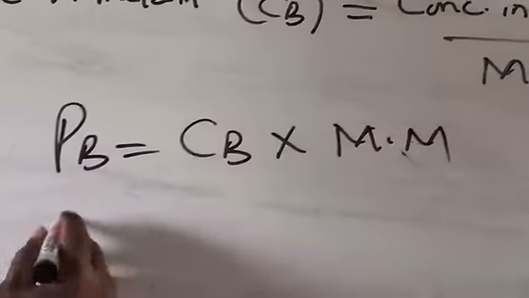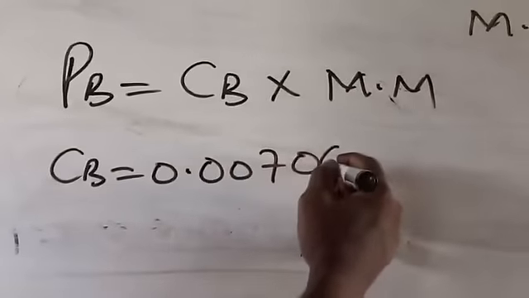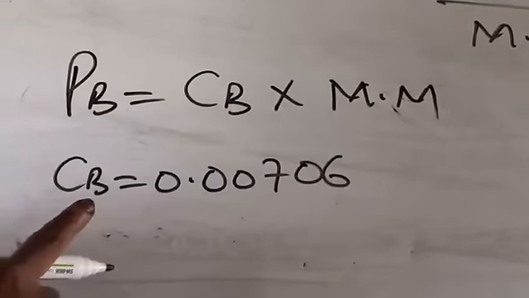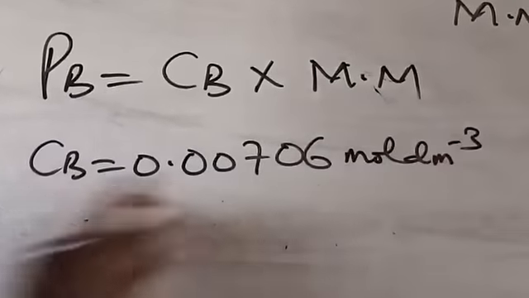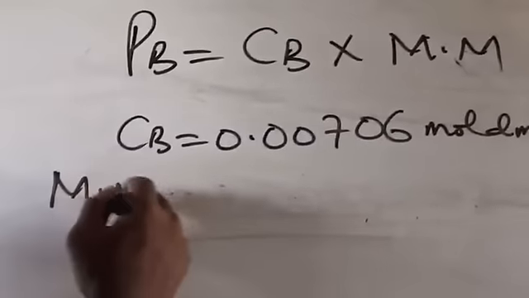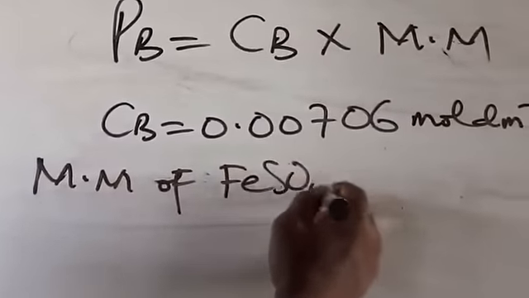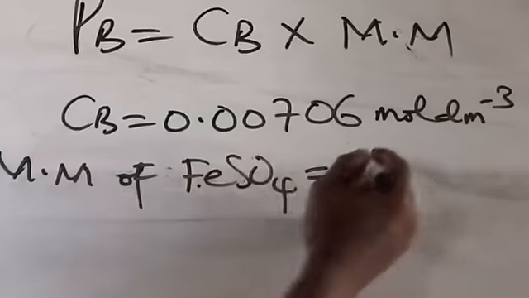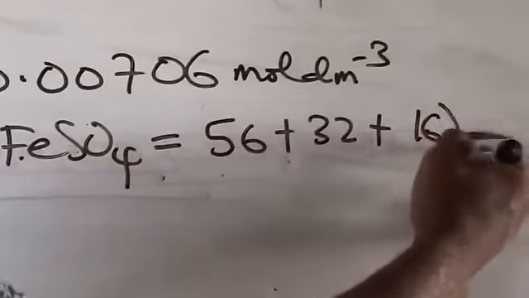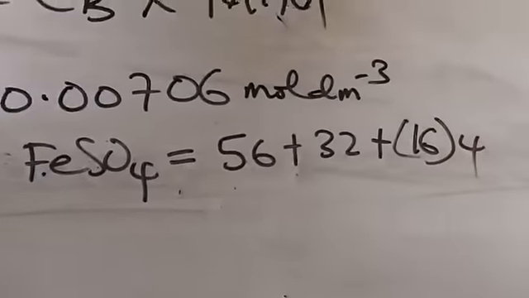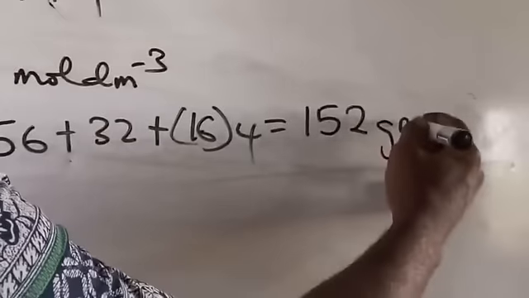We have CB already as 0.00706 mole per dm cube. We now find the molar mass of B. B is, of course, iron sulfate, FeSO4. That becomes iron is 56, sulfur 32, oxygen 16 multiplied by 4. When you solve this, you get 152 grams per mole.